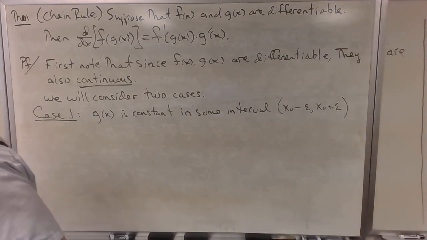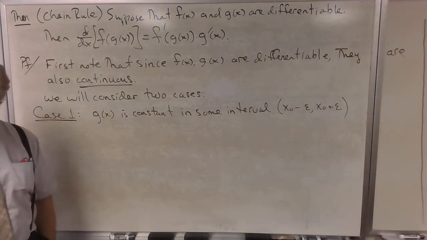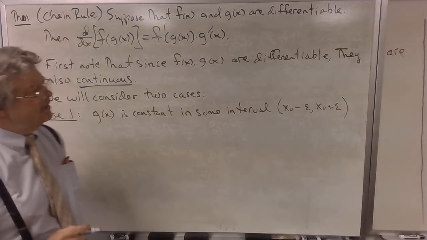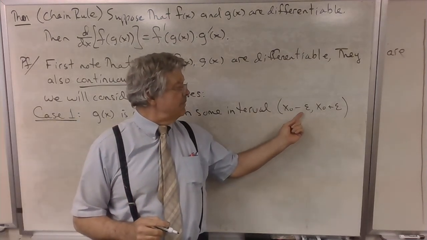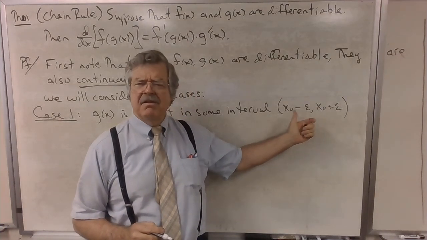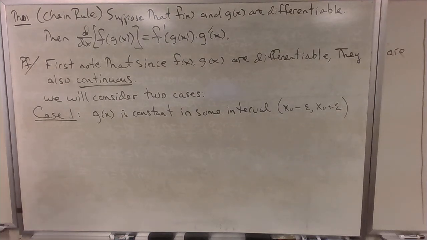We have to do this case just to make sure that we don't embarrass ourselves and divide by 0. So we'll consider the case that in the immediate vicinity of x naught, epsilon to the left and epsilon to the right of x naught, throughout that whole interval, g of x is a constant.